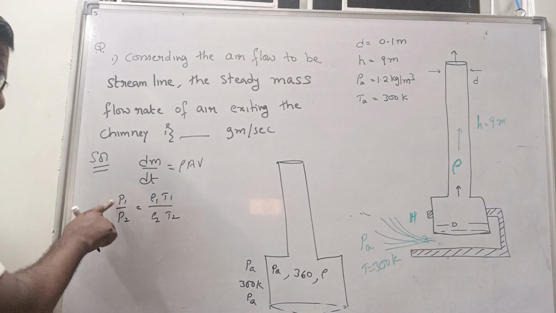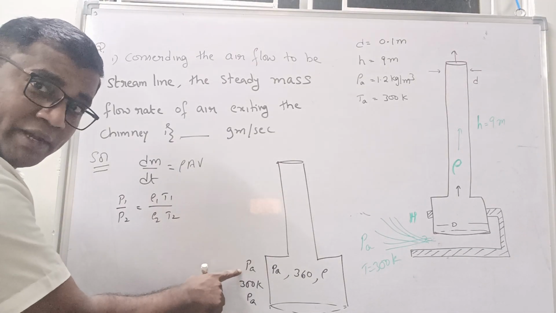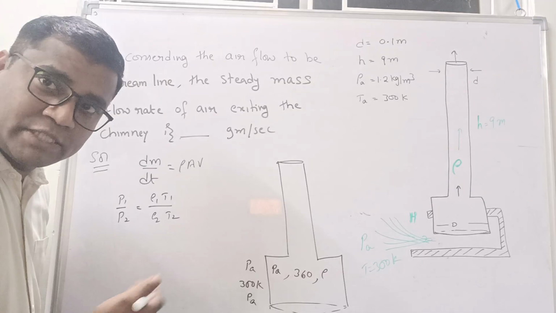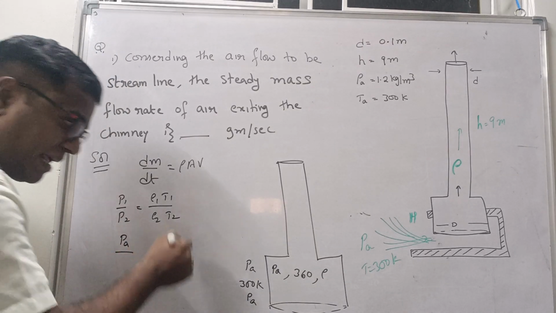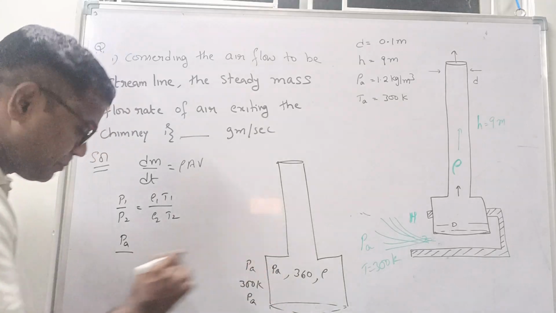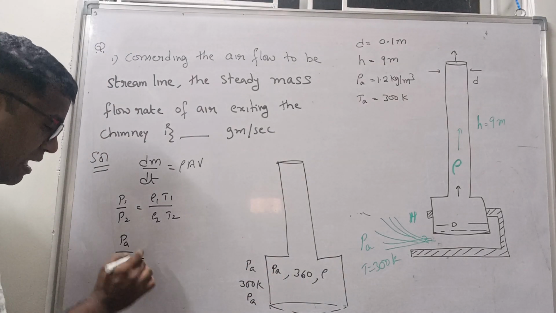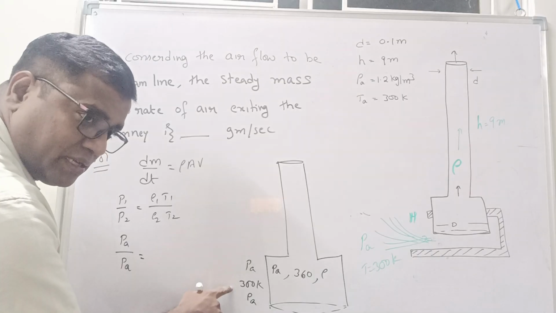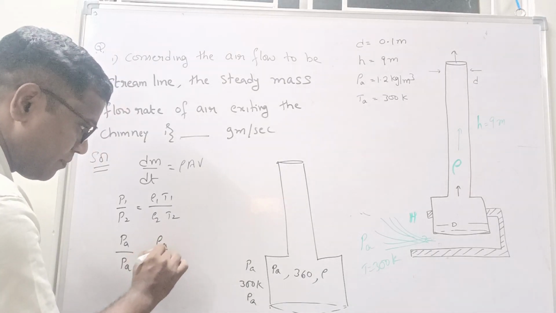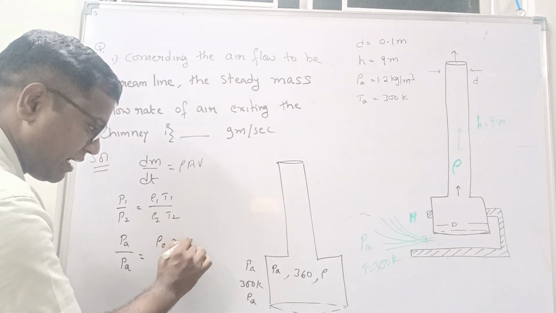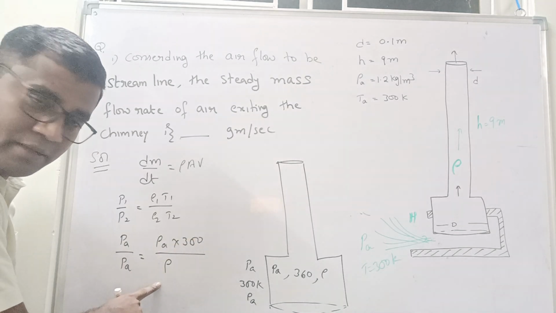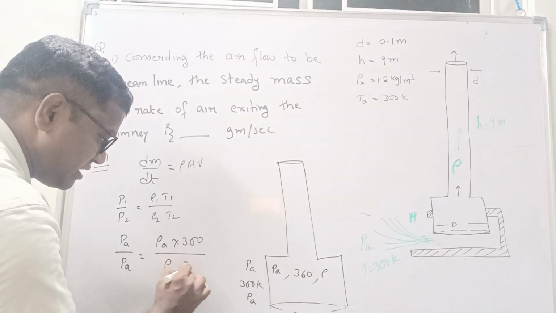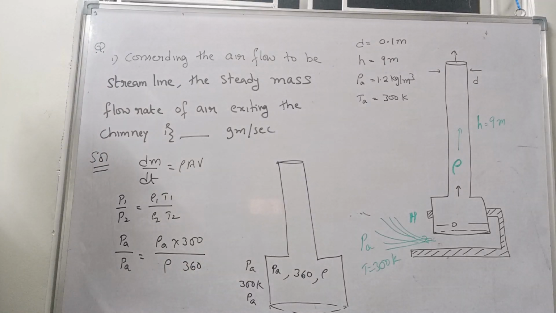Before the furnace, what is the pressure? PA. And inside the furnace, the pressure is again PA. Outside the furnace, density is rho A and temperature is 300. Inside, the density we don't know, we have to calculate, and temperature is given as 360.